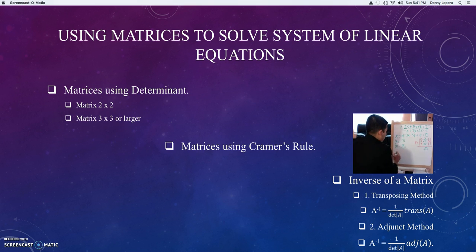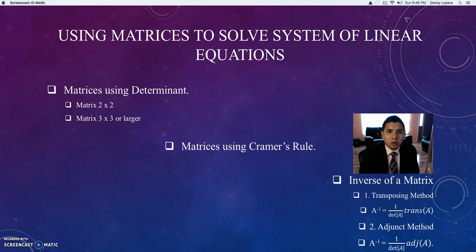You can replace it in this one. 2 times 4 plus 3 times negative 3 plus 3 times 1 is equal to 8 minus 9 plus 3, which is 11 minus 9 equals 2, then 2 equals 2. It's true. Okay.